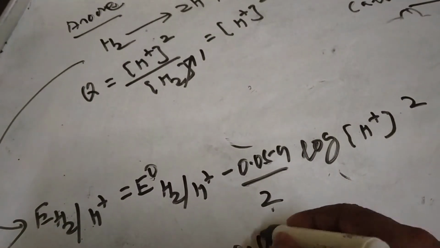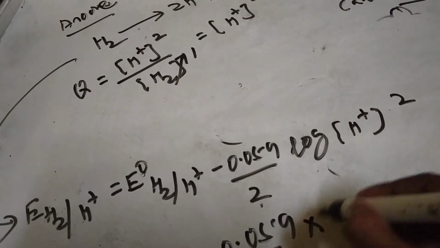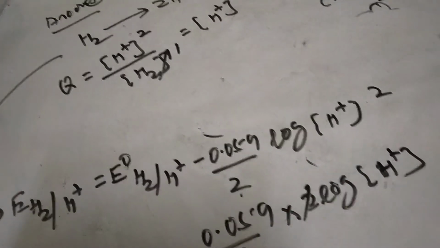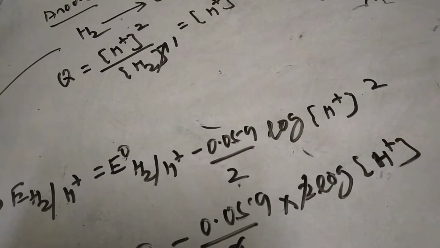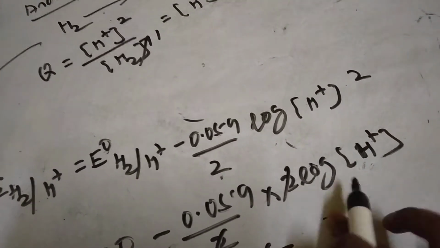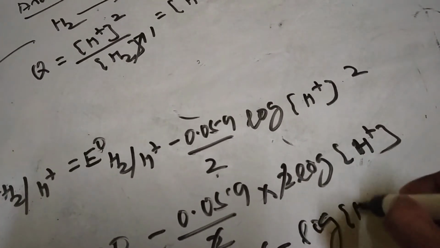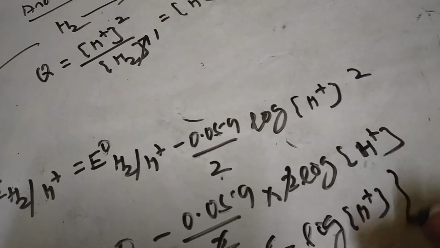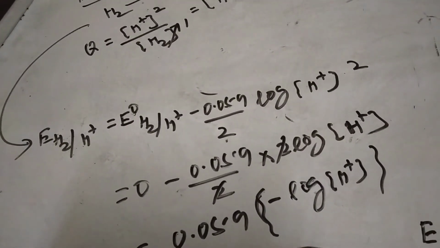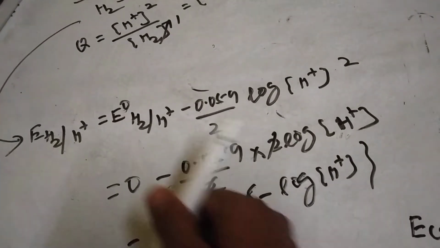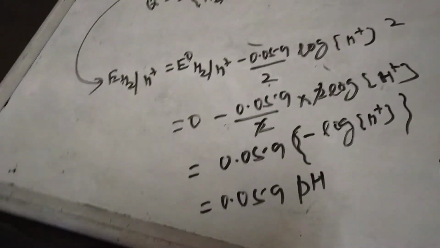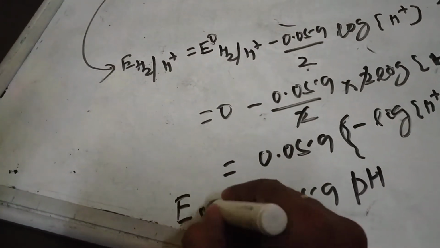So minus 0.059 by 2 into 2 log concentration of H+. The 2 will be cancelled. So that is 0.059 into minus log concentration of H+, and minus log concentration of H+ is pH. So that is 0.059 into pH. We know the E naught of H2 to H+ is 0, and E of H2 to H+ can be written as the E oxidation potential at anode.